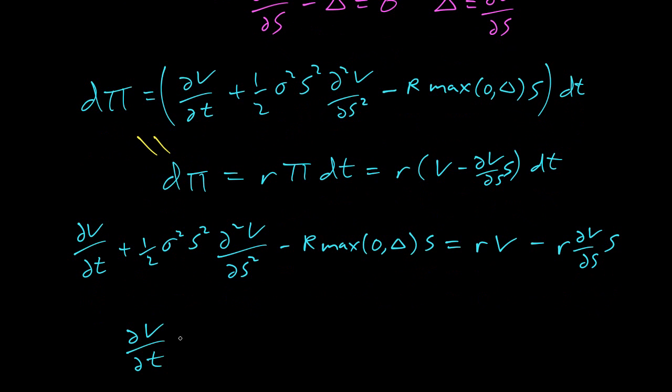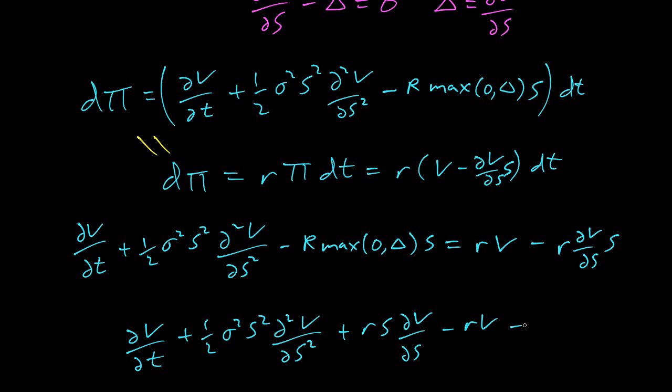Partial V with respect to t plus a half sigma squared S squared second derivative with respect to S plus rS partial V with respect to S minus rV minus r max of 0 and delta times S equals 0.